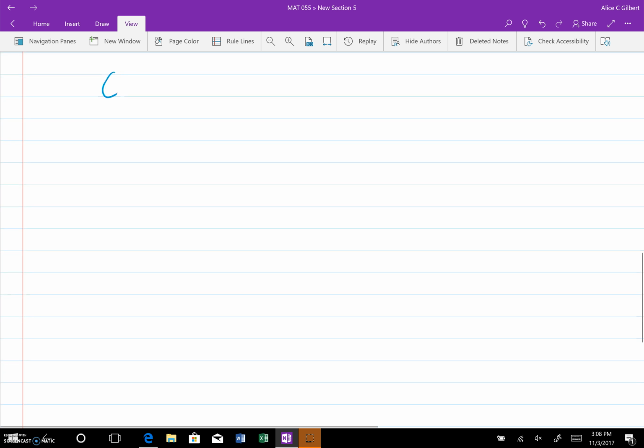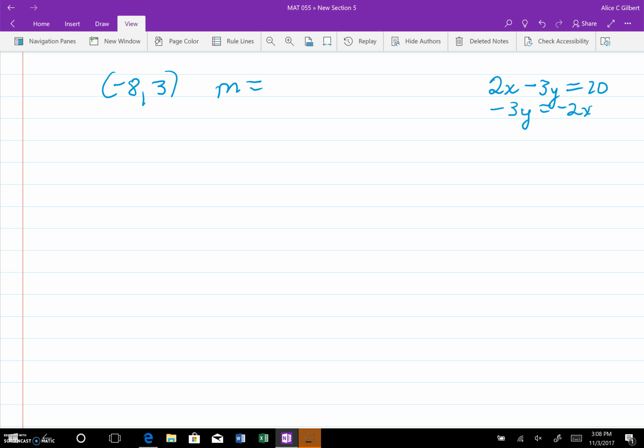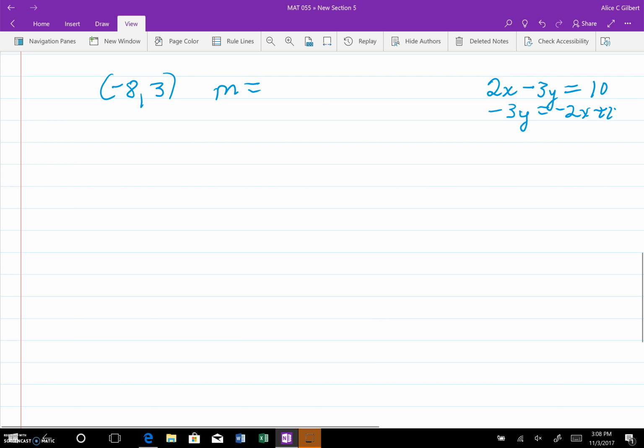So I'm given a point, -8, 3. But I don't have a slope yet, but I'm given an equation, 2x minus 3y equals 10. So I want to find the slope of this line, so that's -3y equals -2x plus 10, and divide by -3.